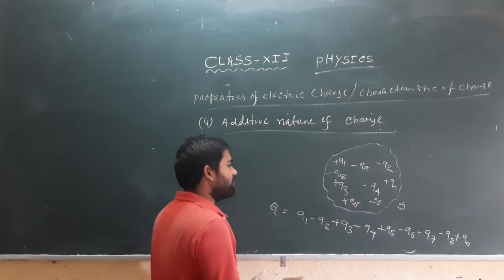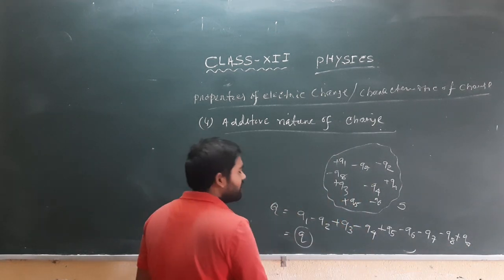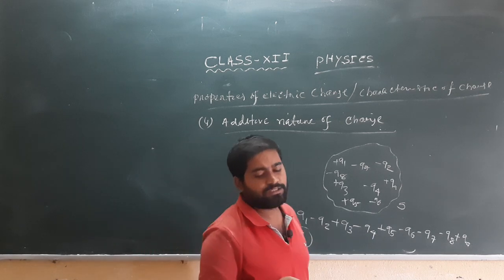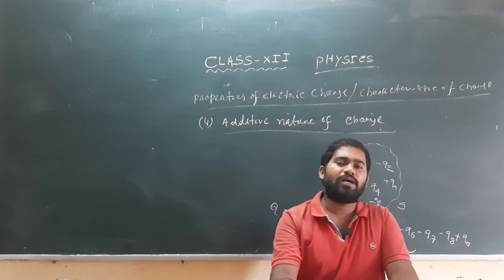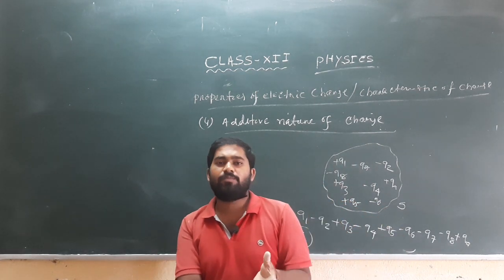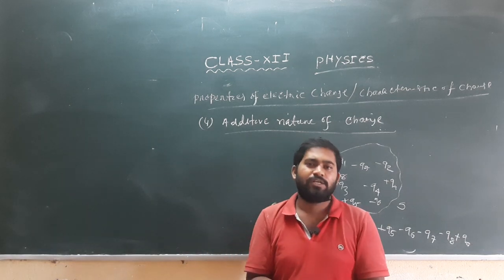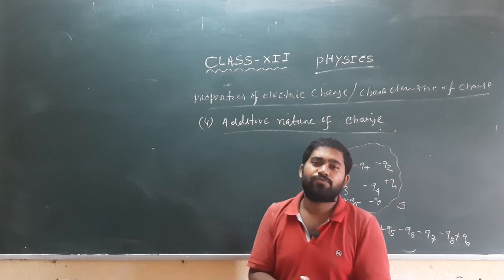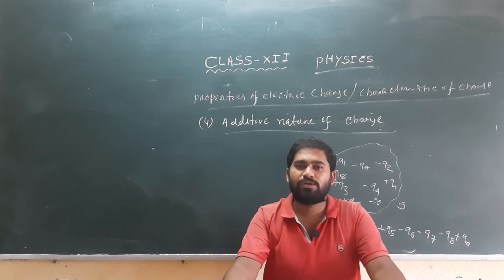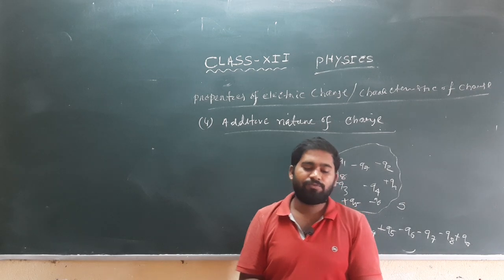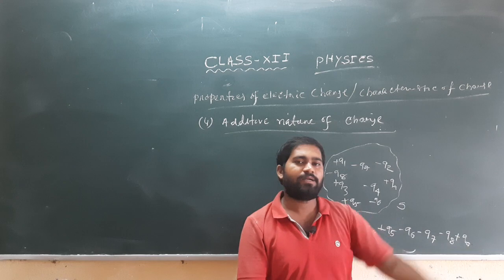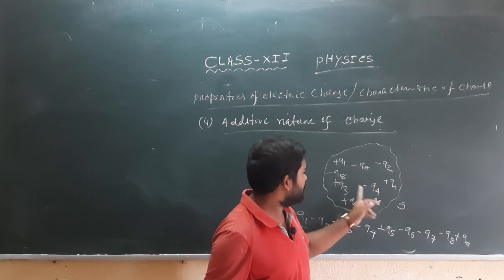That will give the resultant charge, suppose Q. So additive nature of charge says that the total charge on an extended body is equal to the algebraic sum of all the charges present in that system. The total charge of an extended body or of any system is equal to the algebraic sum of all the charges located at the different points of that body.